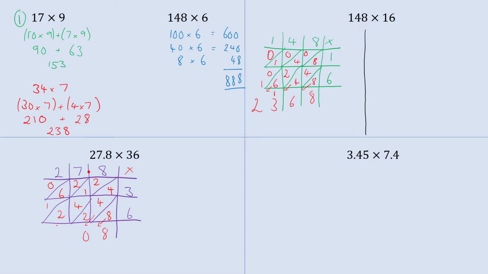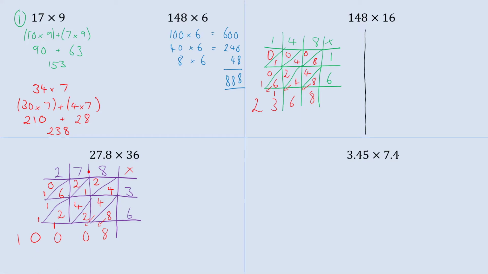That's a 0, and 1 carries over to the next diagonal. 2 add 1 is 3, add 4 is 7, 8, 9, 10 again, so 0, 1 goes over into the next diagonal. 2 add 6 is 8, add 1 is 9, add 1 is 10. 0 goes down, 1 carries over into the next diagonal. 0 plus 1 is 1.